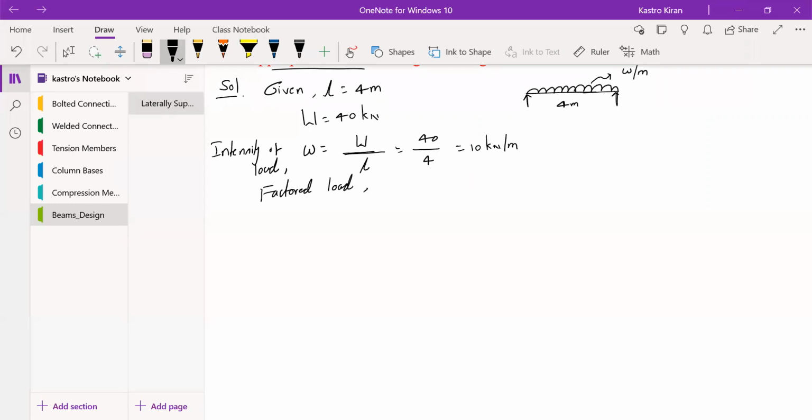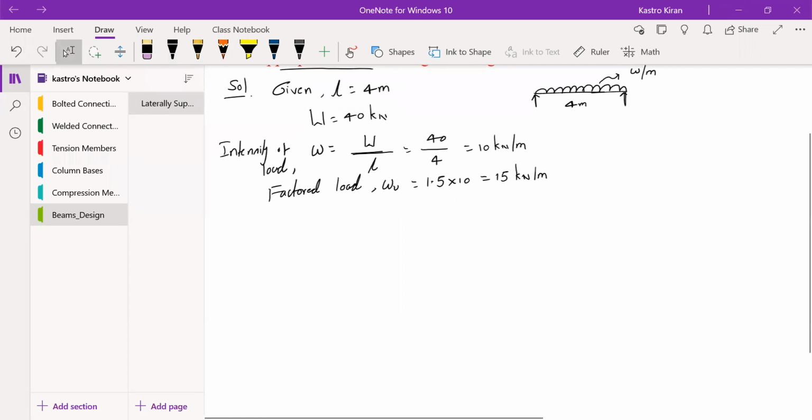Factored load, you can make it as Wu, equals 1.5 times 10, which will give you 15 kilonewtons per meter. So from now on, whatever load you are going to consider, it must be a factored load only, not the intensity of the load, which is w.